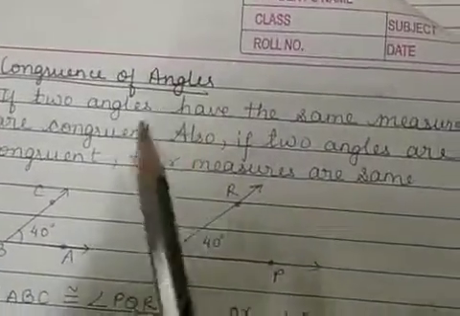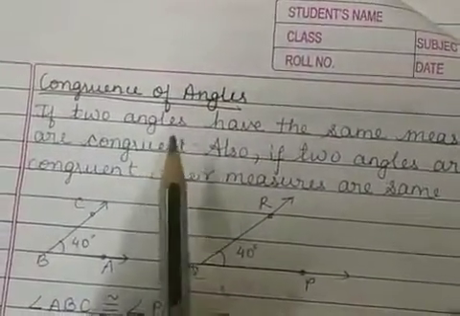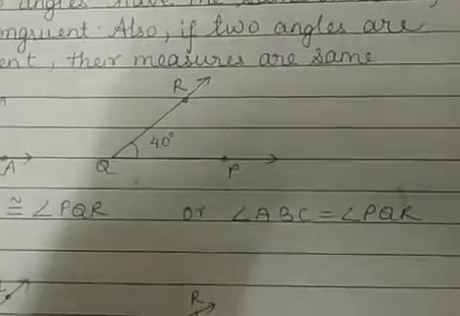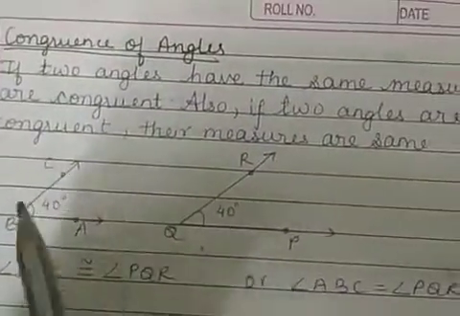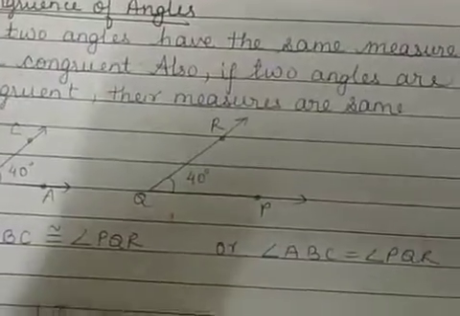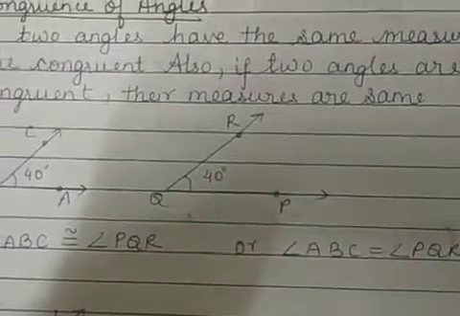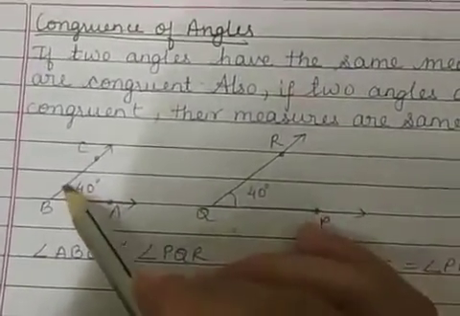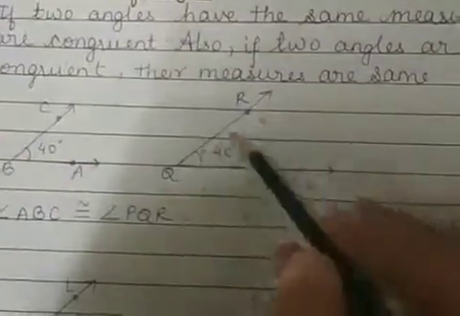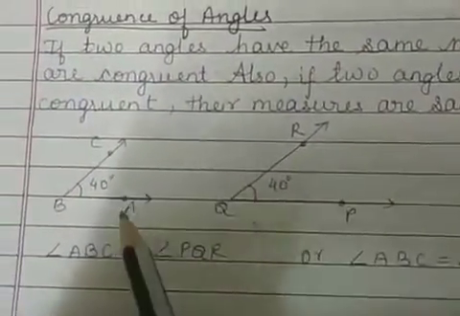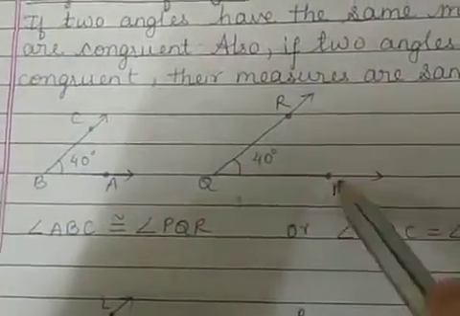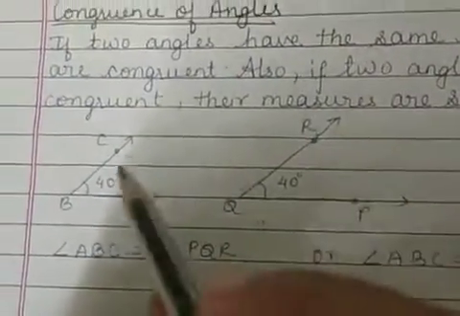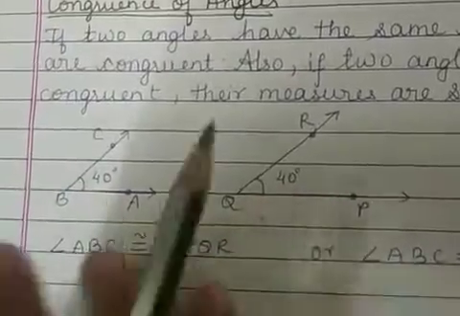Next, let us see how to find out if two angles are congruent. The two given angles are congruent if they have the same measure. So here this is 40 degrees and this also is 40 degrees. Angle ABC is 40 degrees and angle PQR is also 40 degrees. So these two angles are congruent.